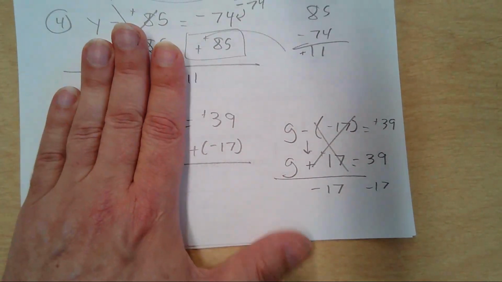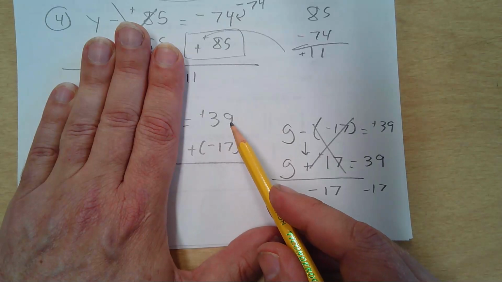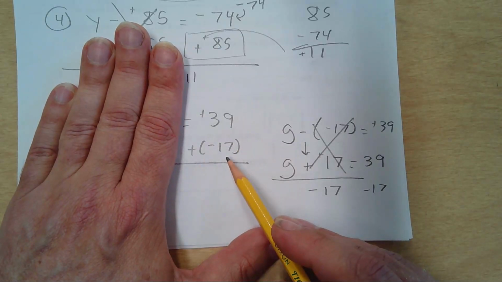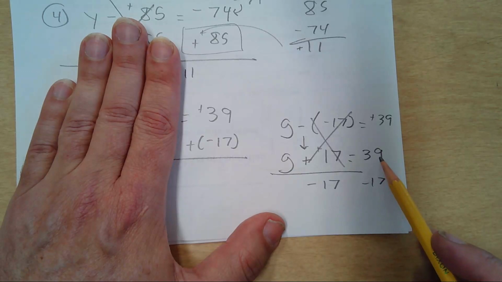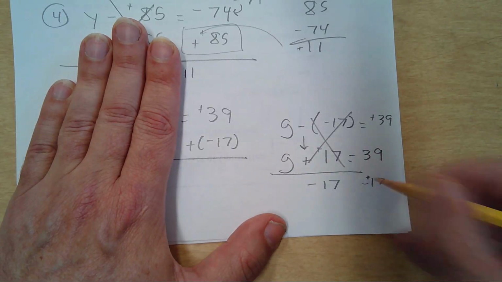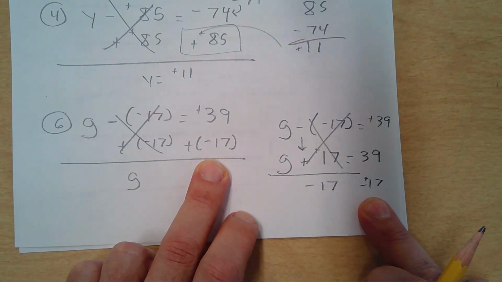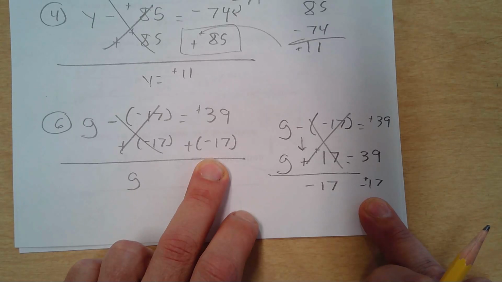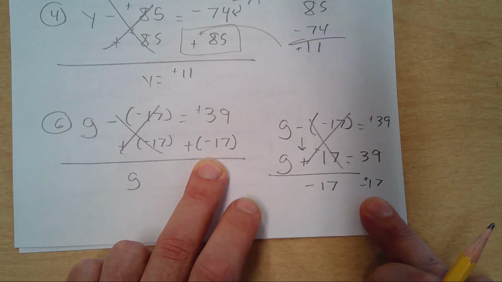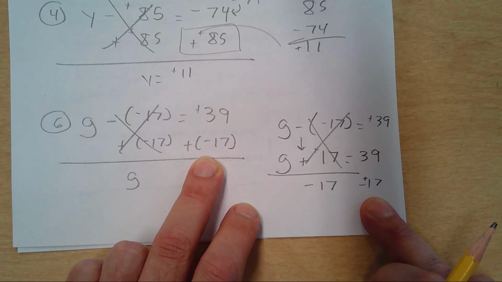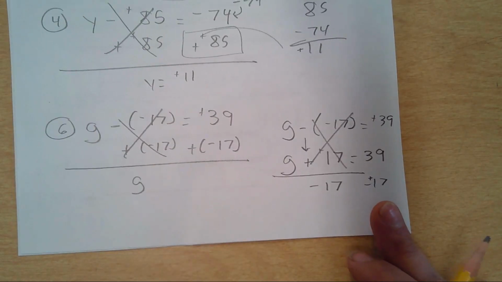So look at the end here. Either I got 39 plus a negative 17, or 39 minus a positive 17. But they're one and the same, right? Would you agree with that? Subtracting a positive is the same thing as adding a negative. They are identical. It's just the path that you take.